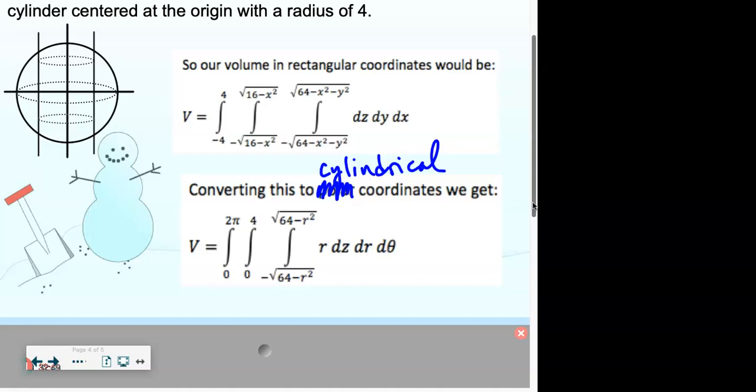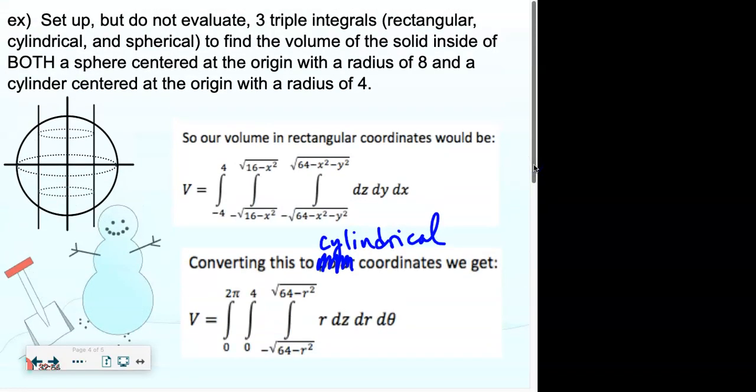Now, spherical is a little tricky on this one. Here's the issue: there are 2 different approaches. There's no way you're going to get this with one integral. Because if we go out to here, then phi would go from 0 to whatever this angle is, and our rho would go from 0 to 8.